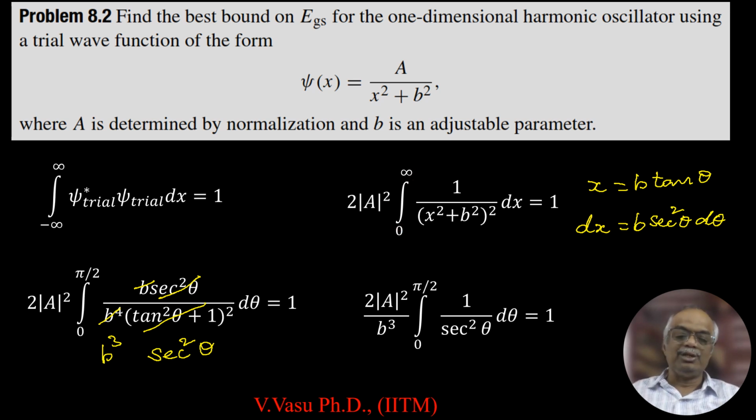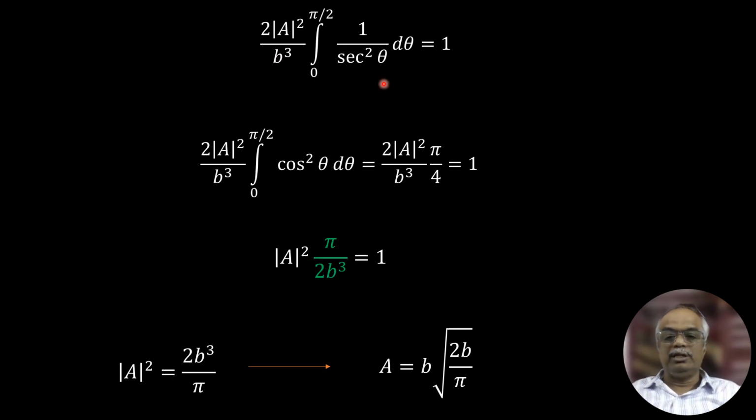Tan theta is sin theta over cos theta, so when theta is pi by 2, cos theta will become 0 and this will go to infinity. So we are changing the limit from 0 to pi by 2. And here in the denominator you have 1 over secant squared theta, which must be equal to 1. Now we got this integral.